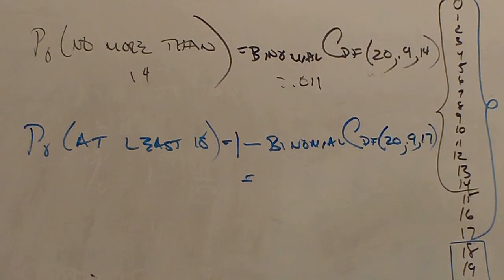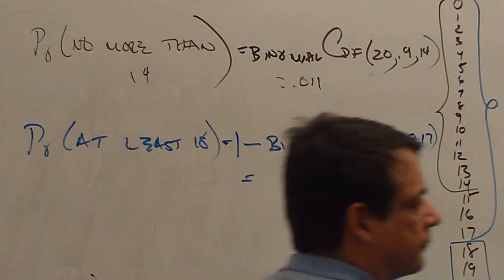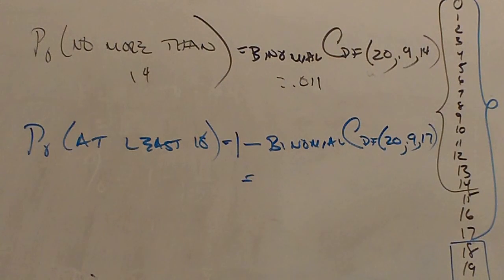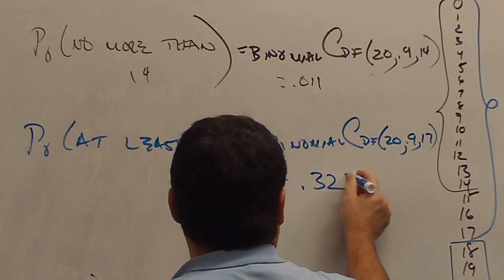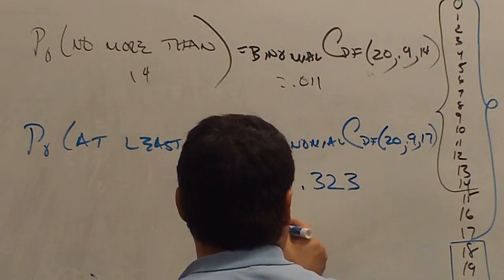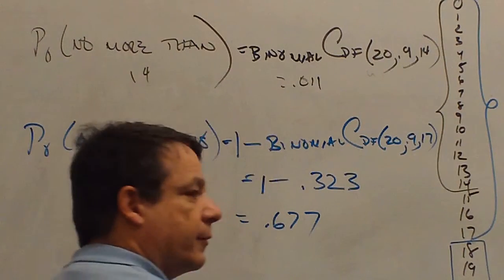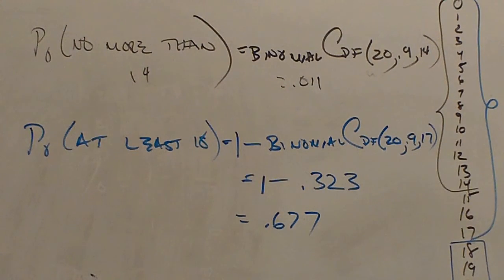And what is that? So this is 1 minus 0.323, which is 0.677. Everyone get that?